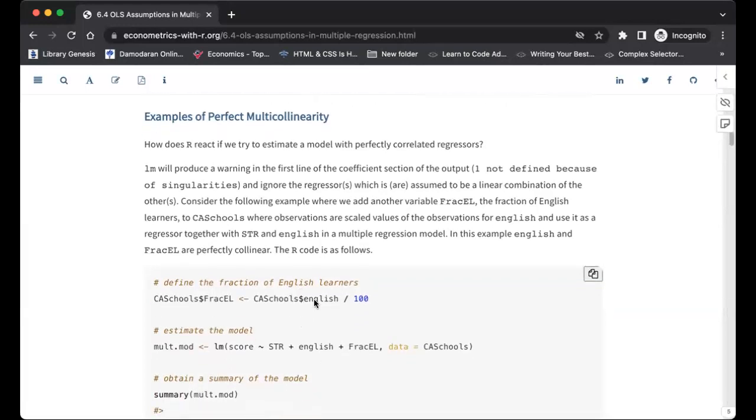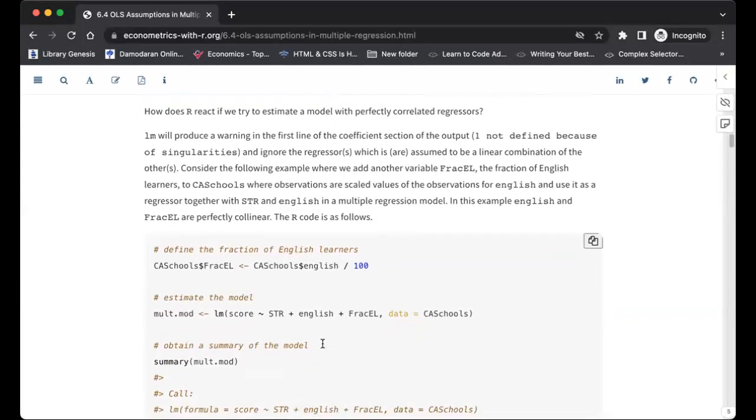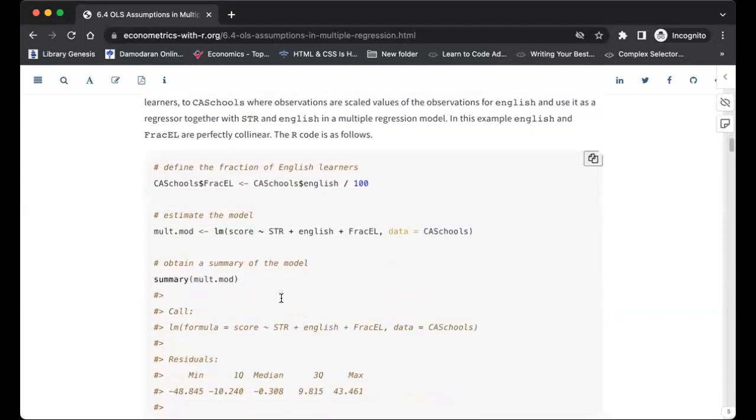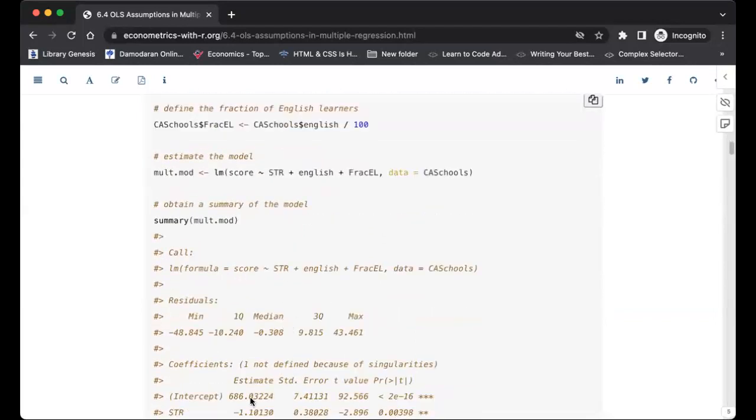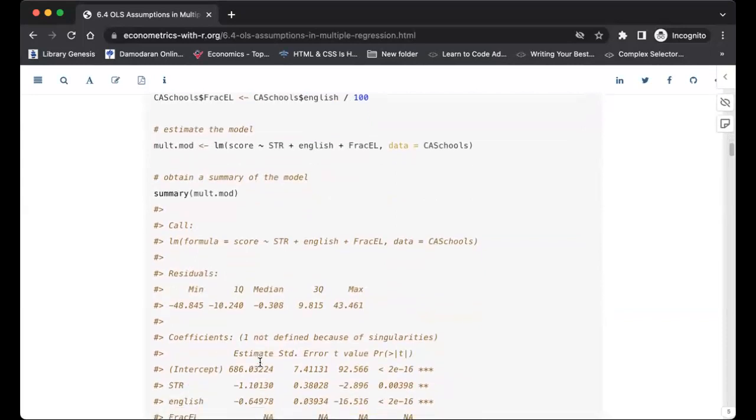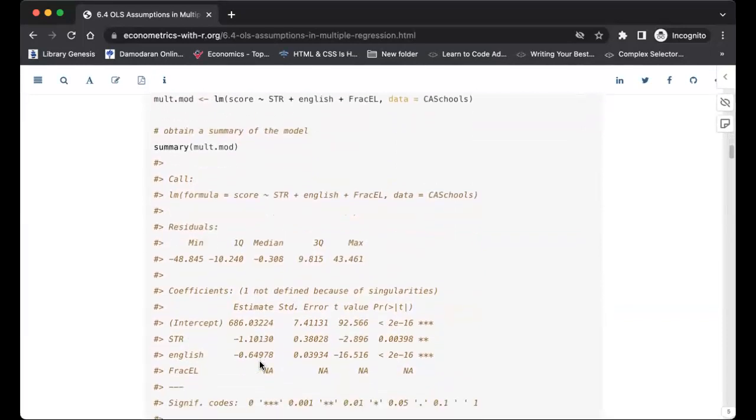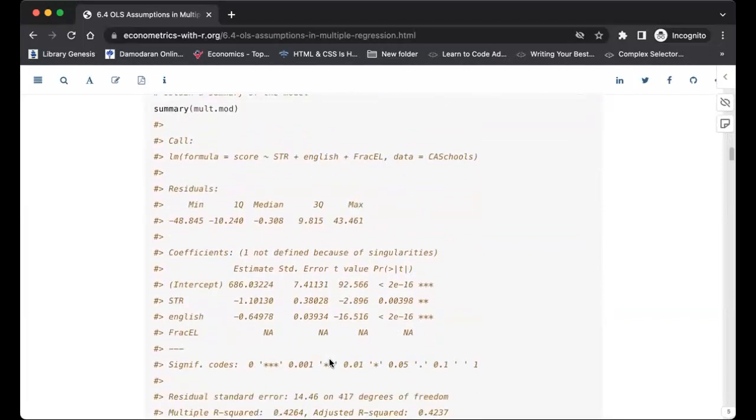The fraction is just the percentage of English learners divided by 100. When we run this model, it gives us this warning, one not defined because of singularities, and then it drops it completely.